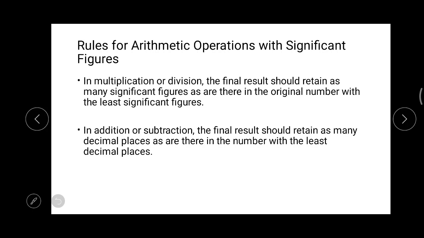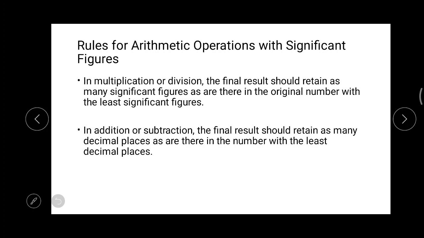In the last case, multiplication and division, we focused on the least number of significant figures, but here we are focusing on the least number of decimal places. In addition or subtraction, the final result should retain as many decimal places as are there in the number with the least decimal places.